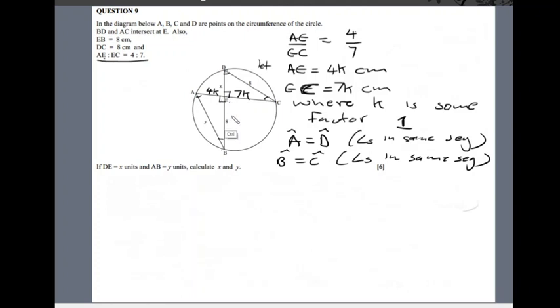They are equal. Okay, so angle AEB is equal to angle DEC, right? Vertically opposite angles are equal. So now all the corresponding angles of those two triangles are equal. Therefore those two triangles are similar. So I will conclude: therefore triangle... Remember, when you state similarity, the order is important.